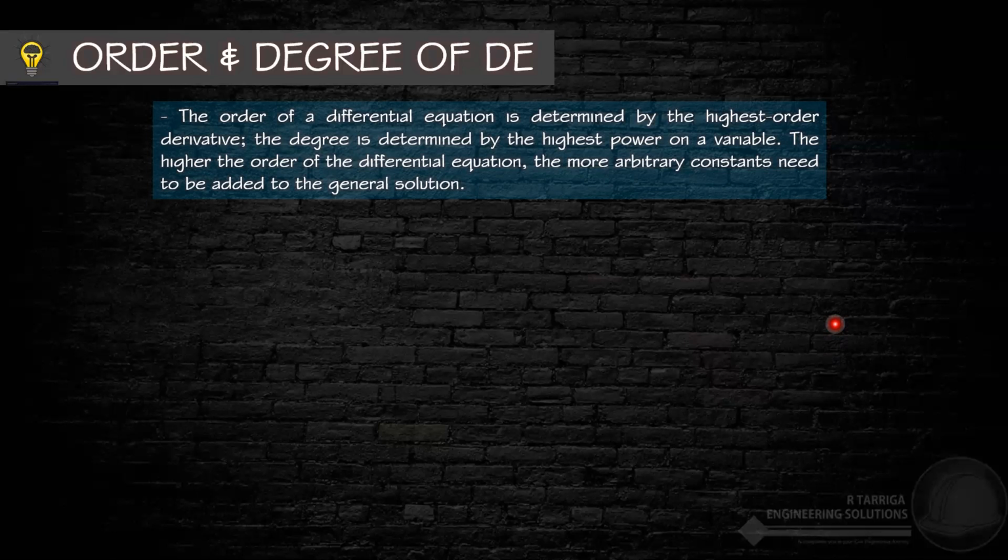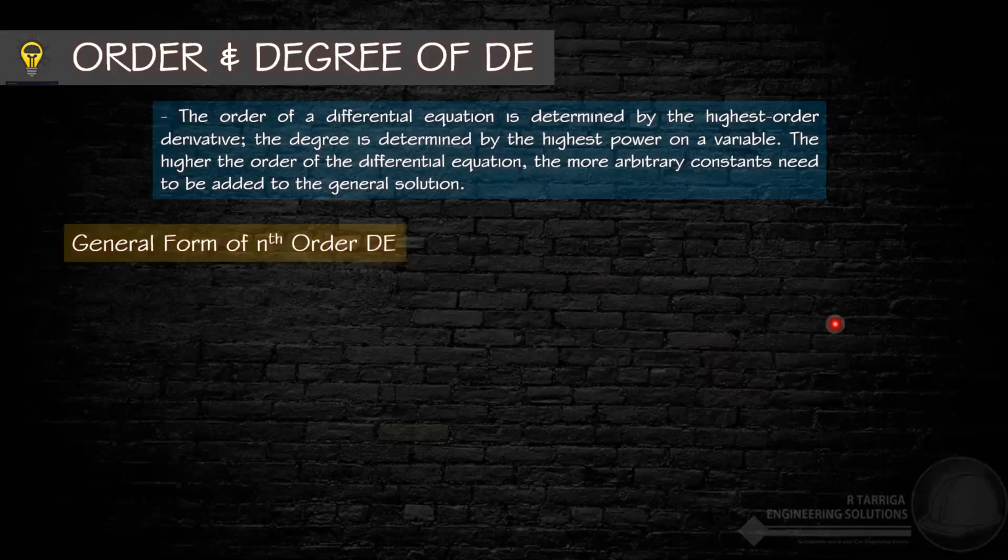So the highest there is, suppose we could say the second derivative. So the order of that differential equation is 2 because of the second derivative. Okay? And the degree is relative to the highest order. Kumbaga, what is the highest power of the highest order derivative? Okay, if that is not clear, we will be having our example later on.